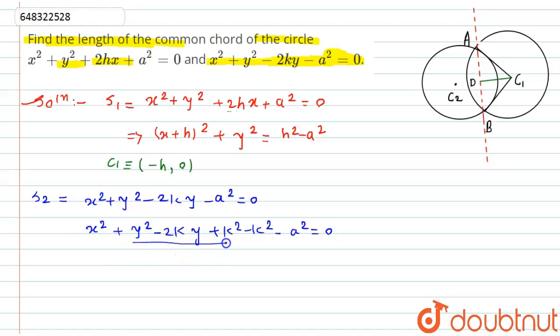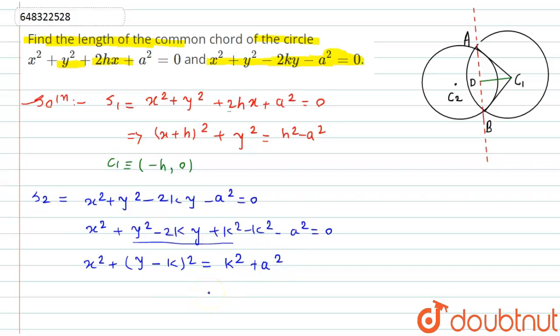So these three terms will make a formula here, that is x square plus (y minus k) whole square. Sorry, not plus k, because this is nothing but minus 2k, so it will be minus k whole square, and minus k square will go to that side and become plus k square. Similarly, a square will go to that side and become plus a square.